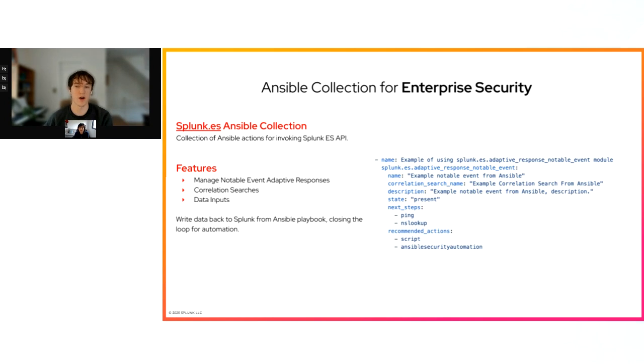For example, the output of a playbook, and that will allow you to go full circle and get the data back so that your investigations can be more complete. And this will save you time when you're thinking about writing these playbooks. This is provided for you out of the box to make it easier to interact with the Splunk APIs.